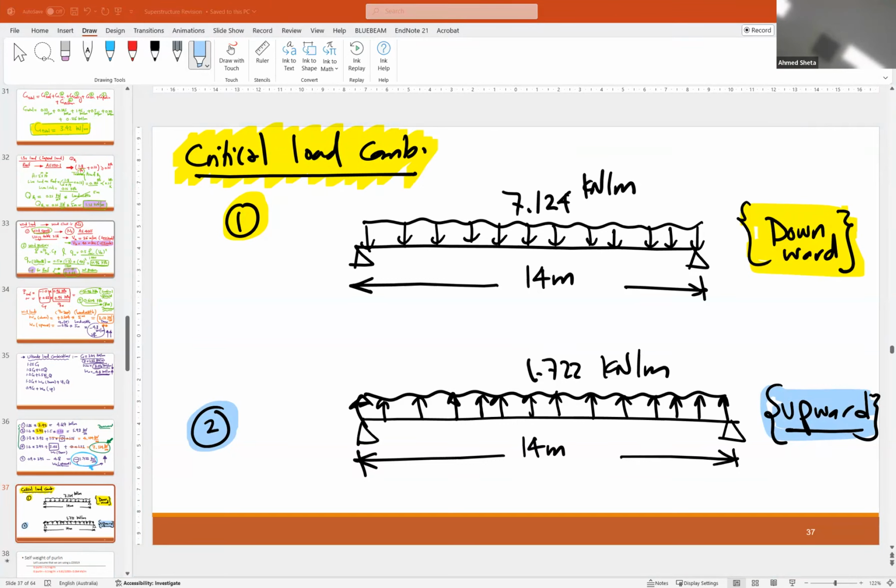Yes, this is the end for this problem: to find the critical load combination for the column and for the rafter, or for B1. Something similar to this.